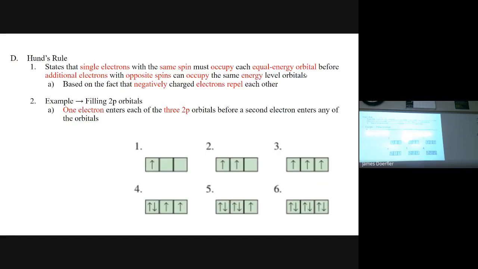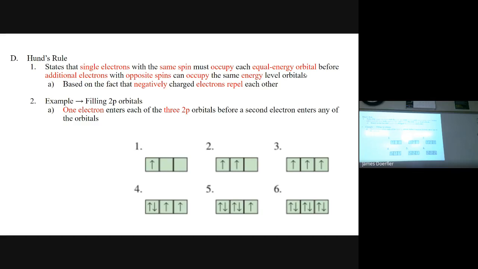Okay? So, one last thing we got to talk about is Hund's rule. Now, I'm going to state Hund's rule, then I'm going to hopefully relate it to something that might be familiar to you. Hund's rule states that single electrons with the same spin must occupy an equal energy orbital before any additional electrons with the opposite spins can occupy that same energy level orbital.